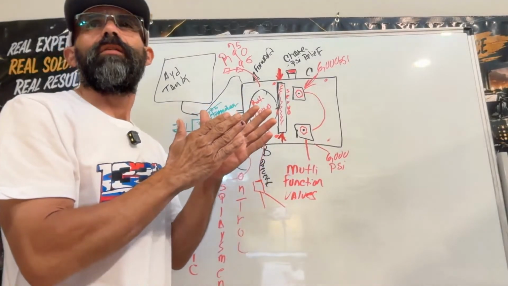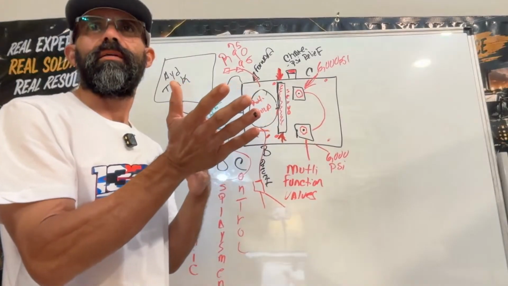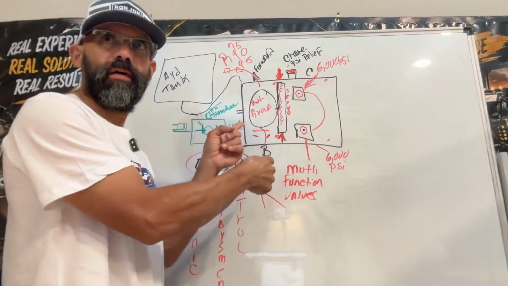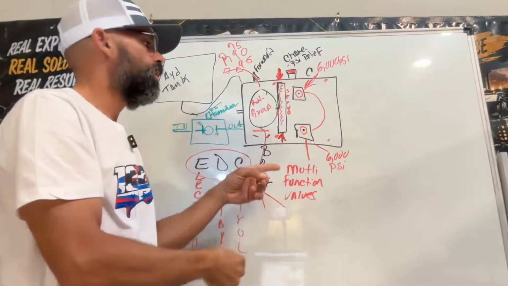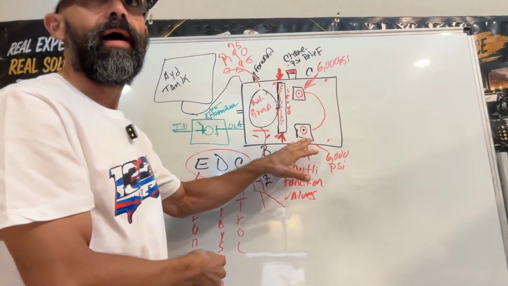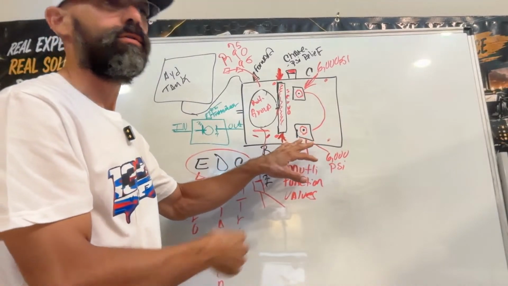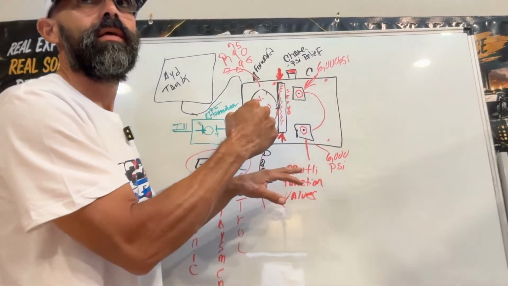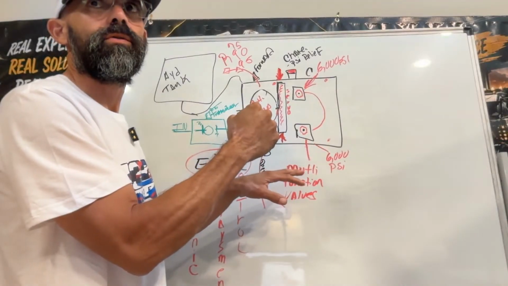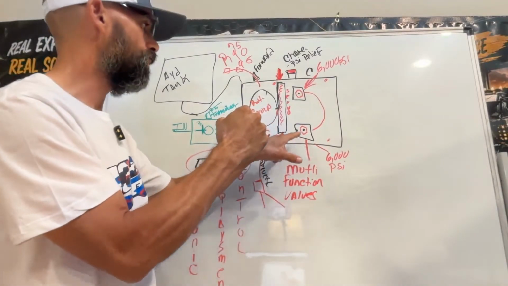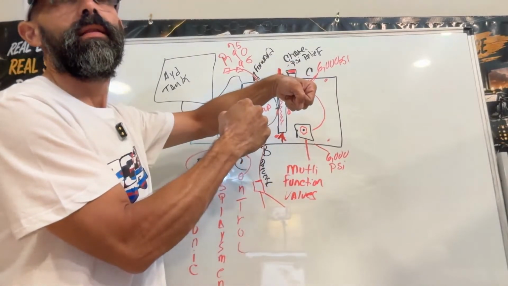Lefty loosey, righty tighty, something like that. Same thing with the multifunction valves. Once you have your desired pressure, hold the adjusting screw or set screw on the multifunction valve in place and tighten the jam nut.